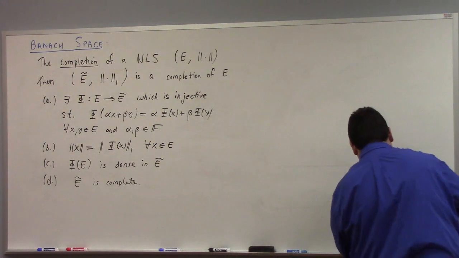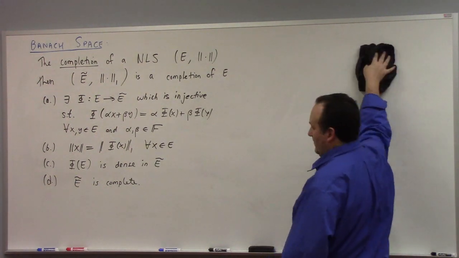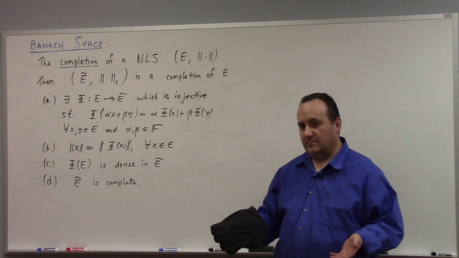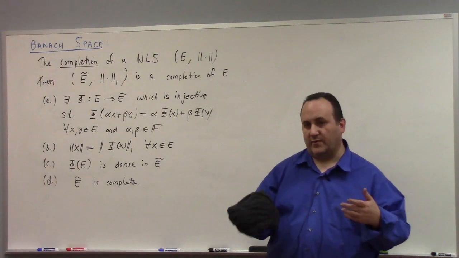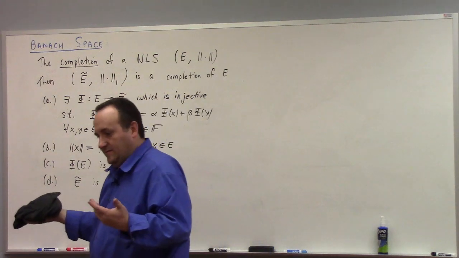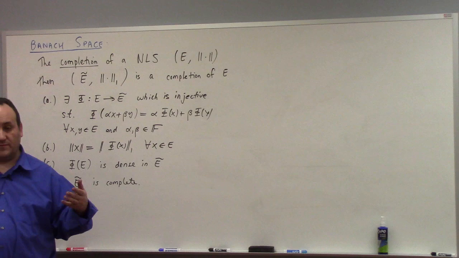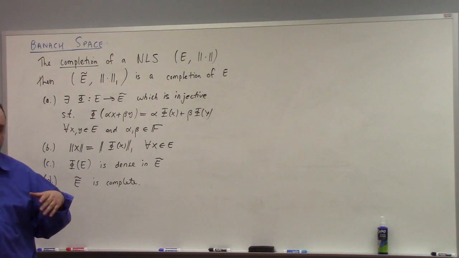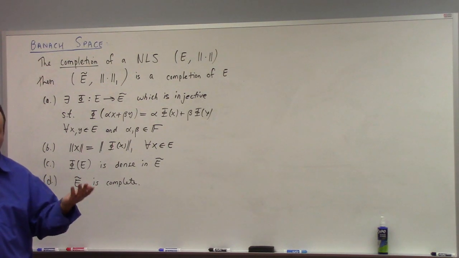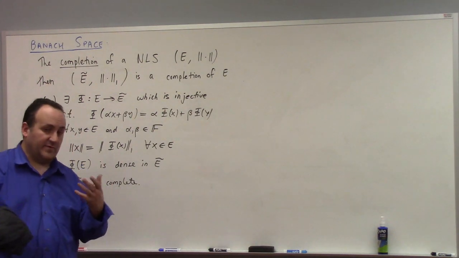Mine is the digits in the decimal expansion of the square root of 2: 1, 1.4, 1.41, 1.414, and so on. This is a sequence that converges to the square root of 2, which you proved a long time ago is not rational. So that proves that the rational numbers are not complete.